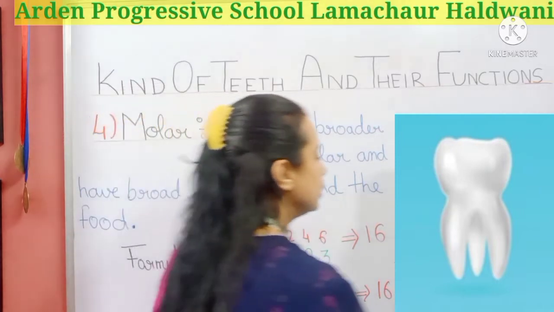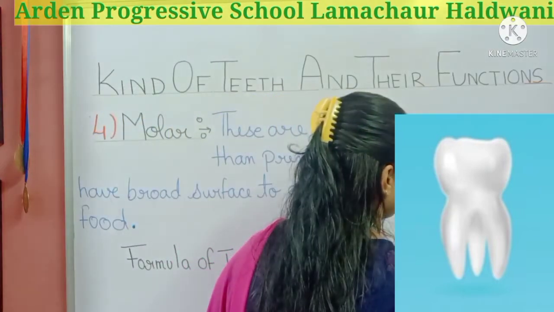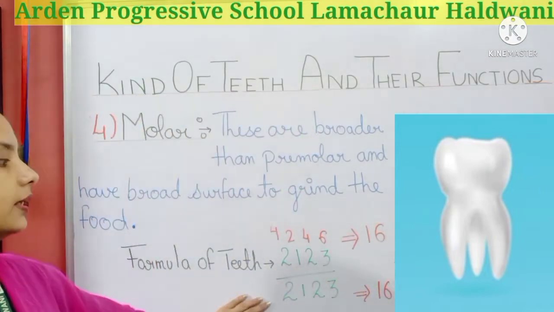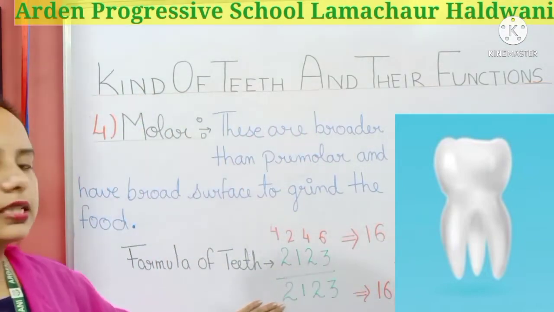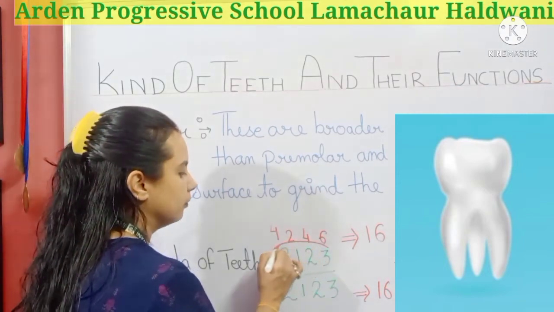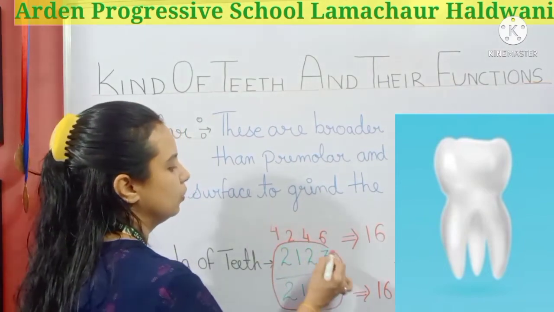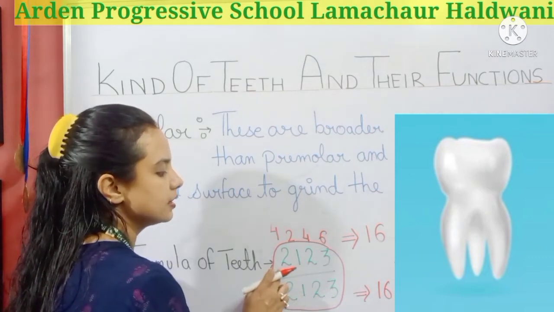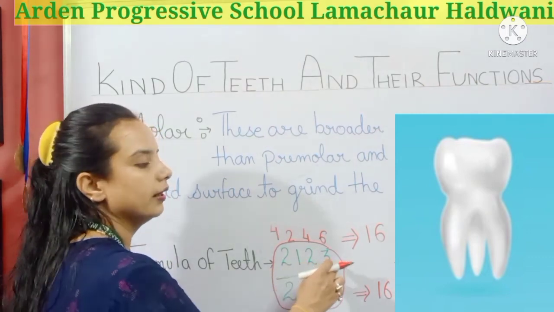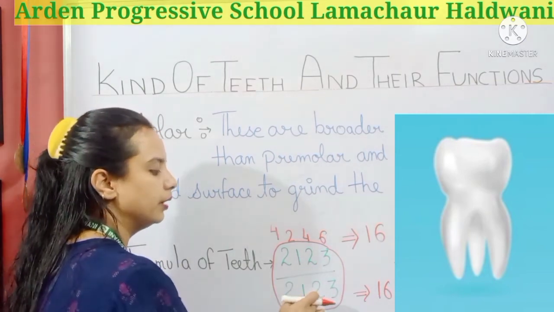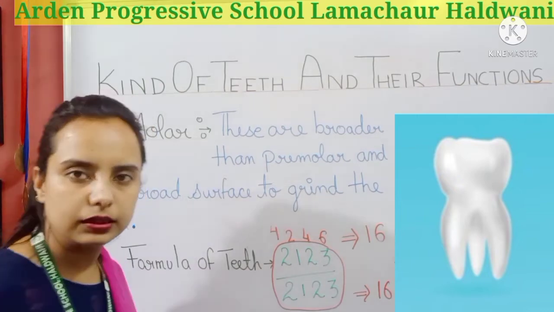There are 32 teeth. This formula is very important, so you have to learn it: 2 1 2 3, 2 1 2 3. Incisors, canines, premolars and molars.